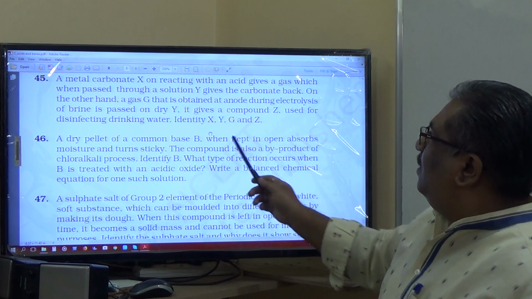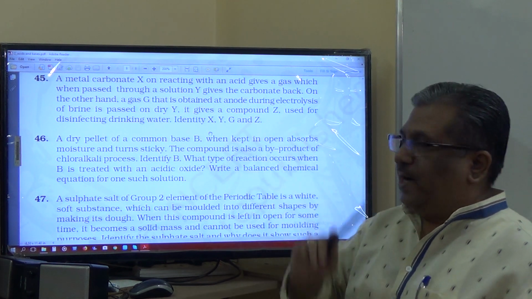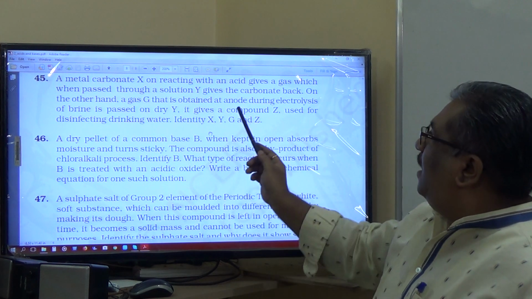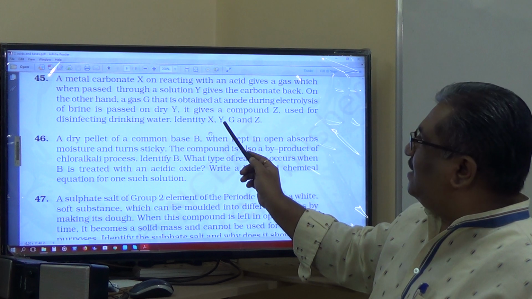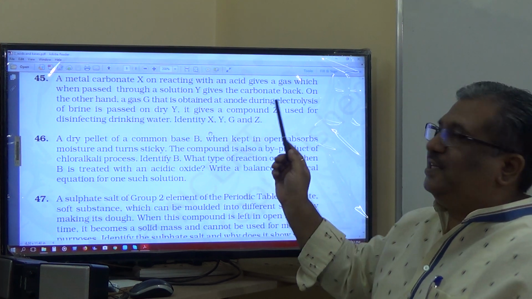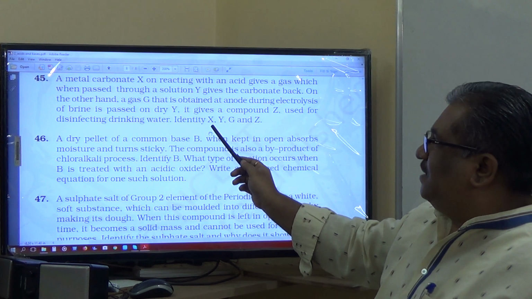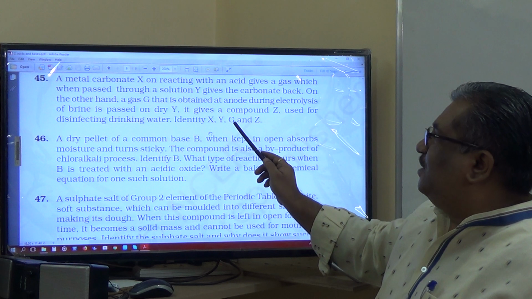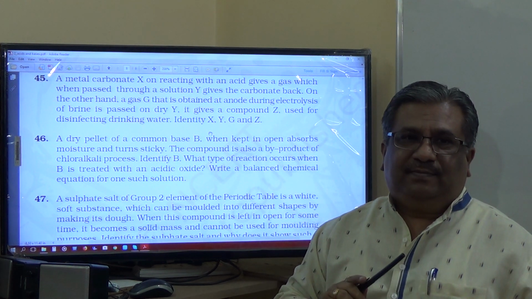So X is calcium carbonate, Y is calcium hydroxide, gas G liberated at the anode is Cl2 gas, and the action of chlorine gas on dry slaked lime gives Z, calcium oxychloride, CaOCl2. Therefore X is CaCO3, Y is Ca(OH)2, G is Cl2 and Z is CaOCl2.